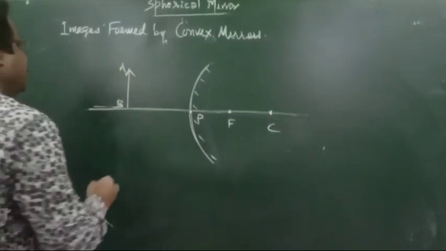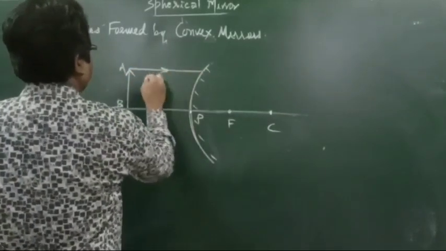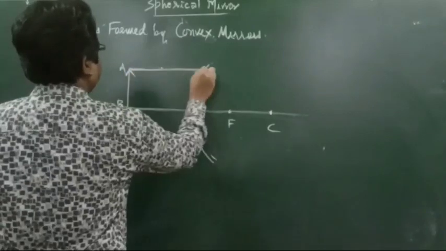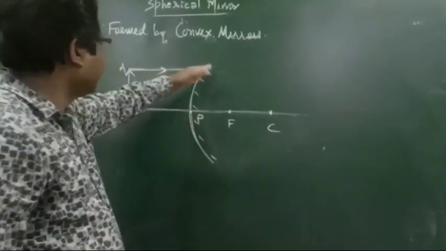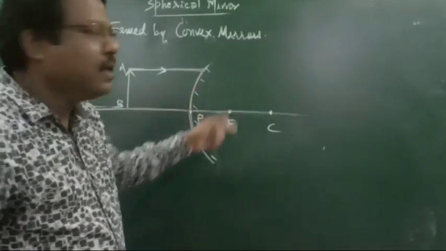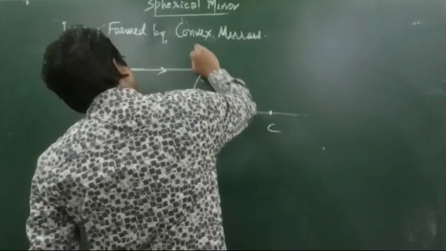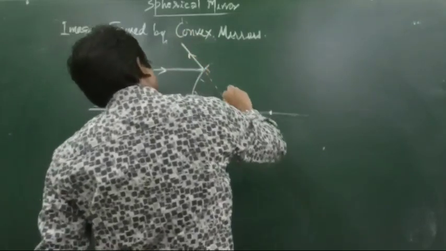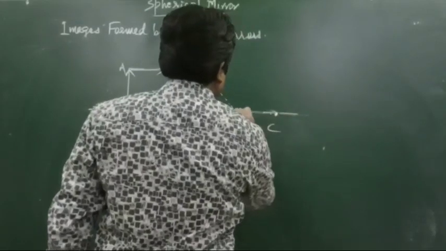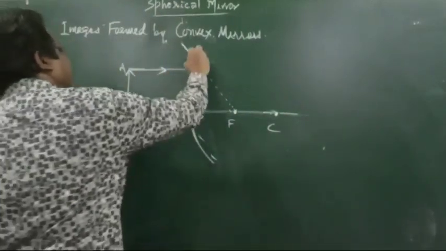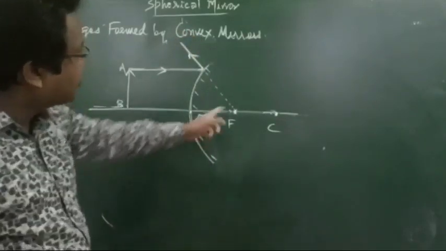From the head of the object, suppose a ray is incident parallel to the principal axis. You better know that in the case of a convex mirror, when the ray is incident parallel, after reflection, the ray appears to diverge from the focus. After reflection, it will diverge in that way that it appears to diverge from the focus.